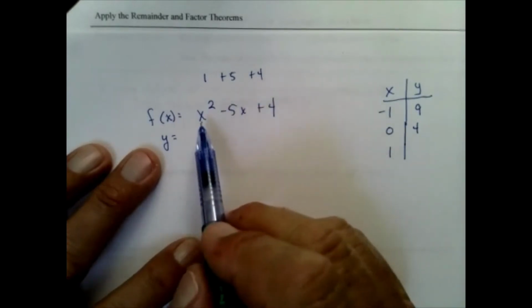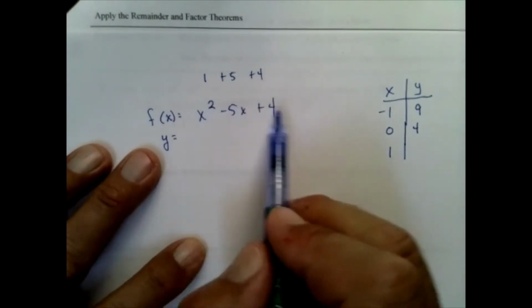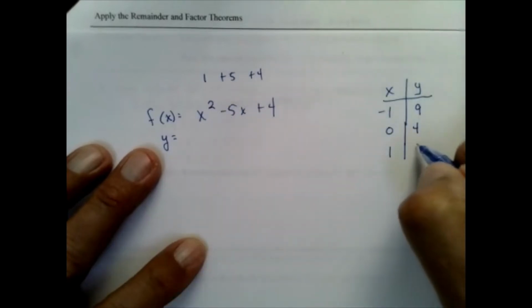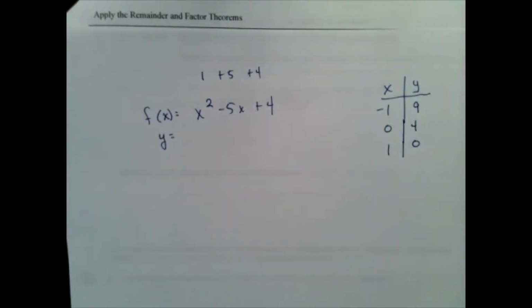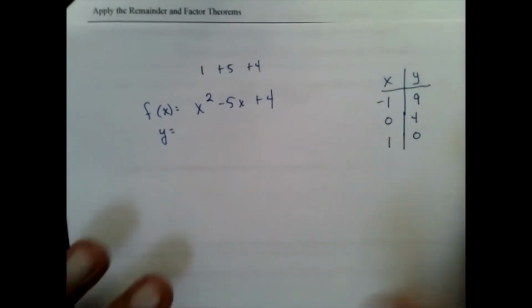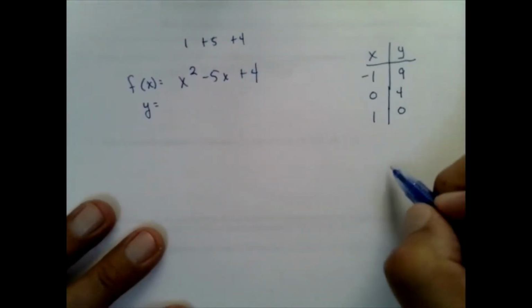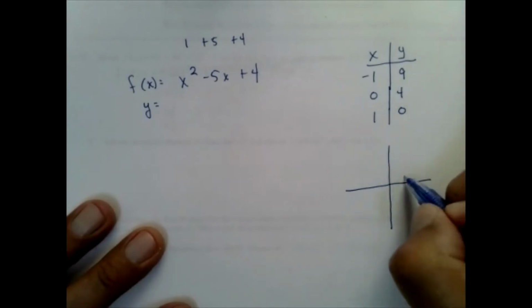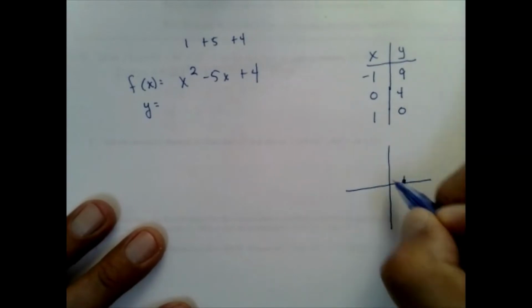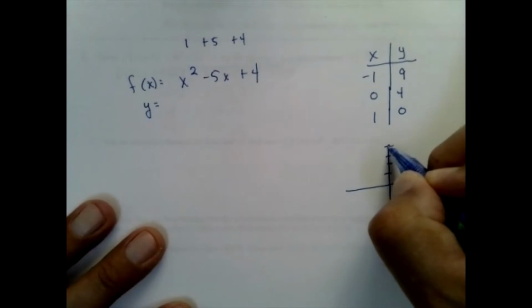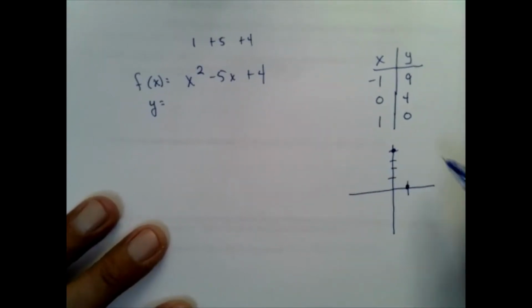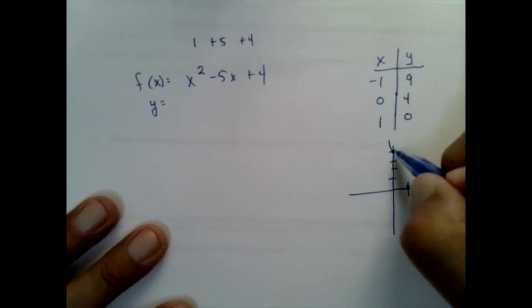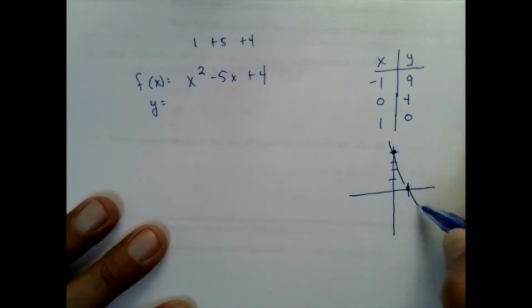If I plug in +1, hey, I get 0. So I'm just trying to put a lot of this together here. If I do this, I'm saying, uh-oh, at 1, 0, I have that. At 0, 4, I have that. So I have a graph that's coming down, and yeah, those two happen to be intercepts.